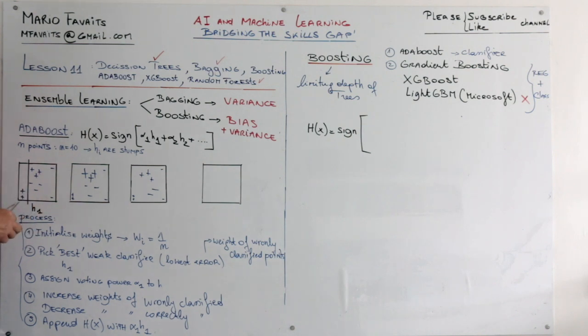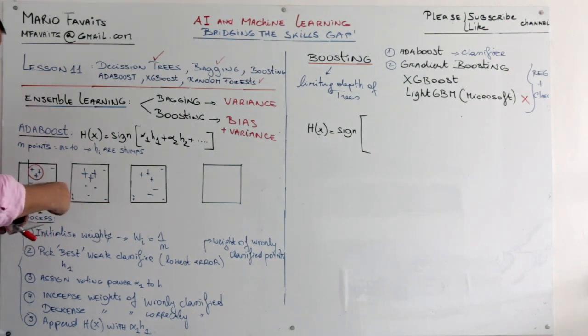Next we look at the points that are misclassified. These are these 3 pluses here. In the next phase we increase the weight of these 3 misclassified points. You see the pluses here are bigger. And we reduce the weight of the points that are correctly classified, so all the minuses are small, and 2 small pluses here.